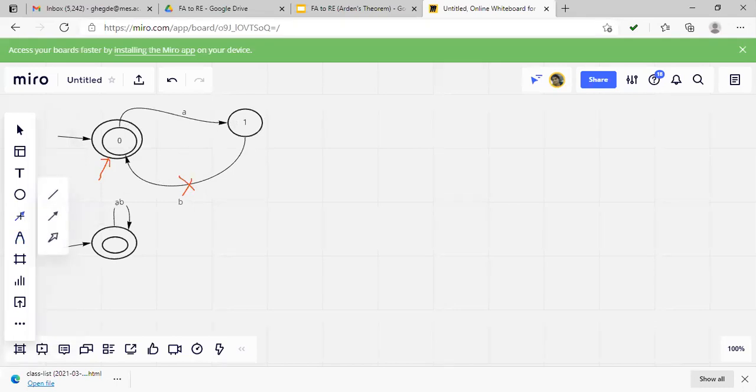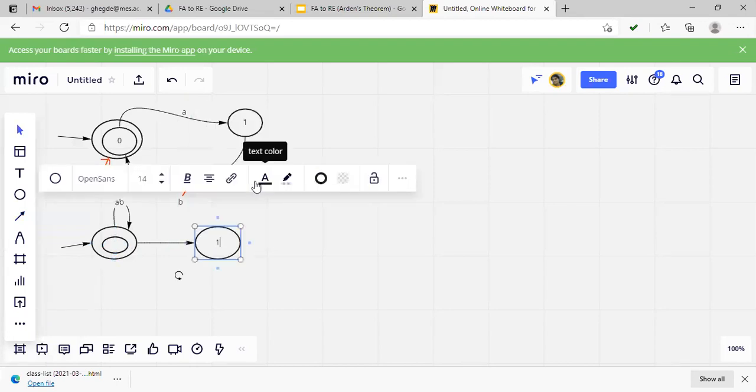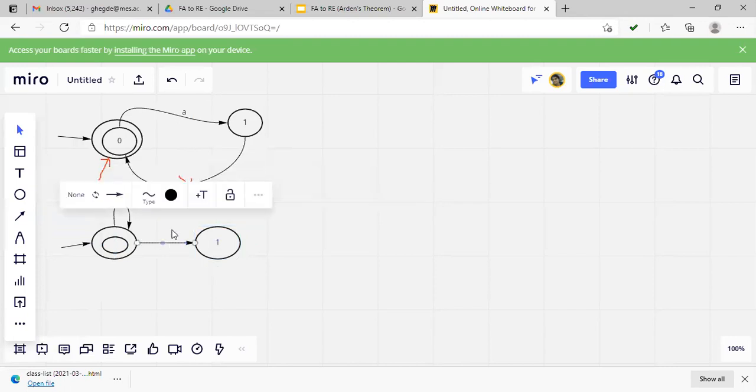So we keep this as it is, B. Did you get this? So now we don't have any loop, right? We don't have any loop.